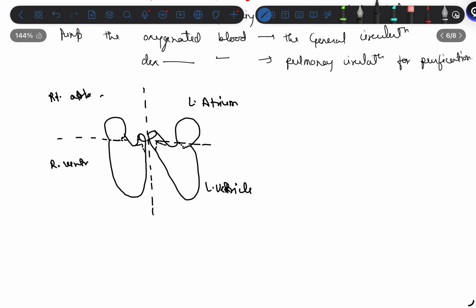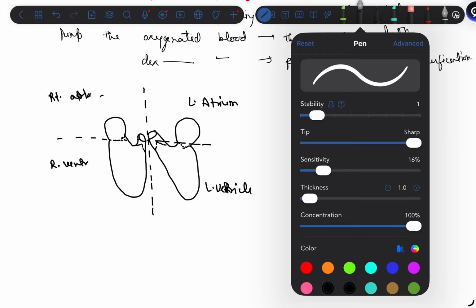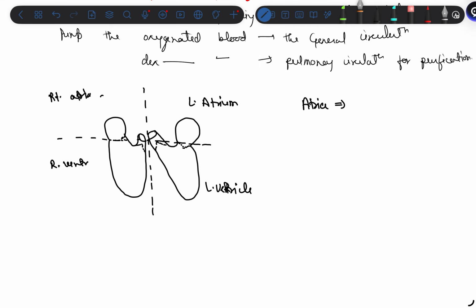So the function of the atria, both the atria, is similar. Normally, the basic function is that they receive the blood.